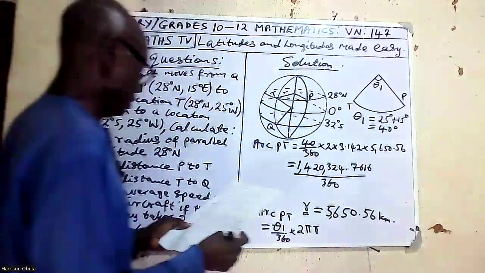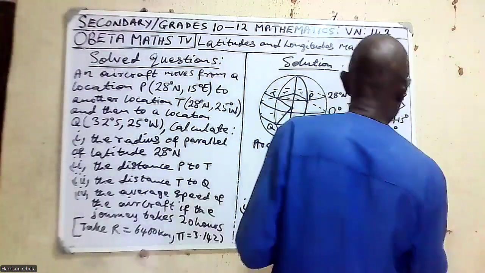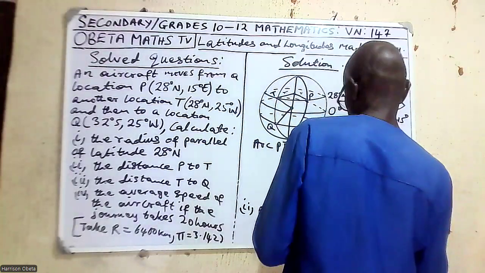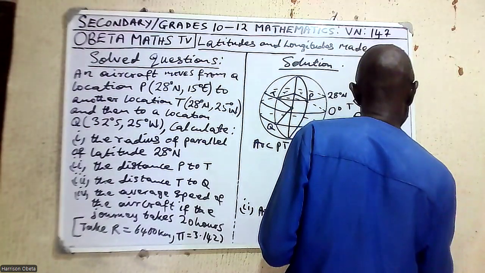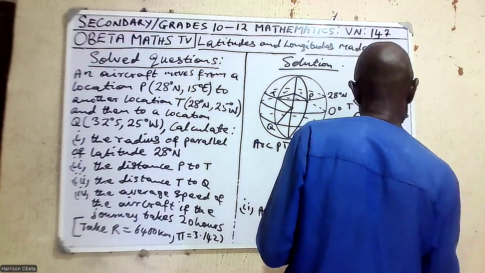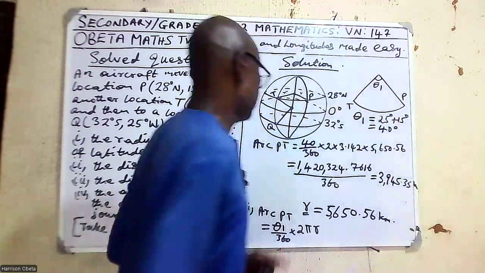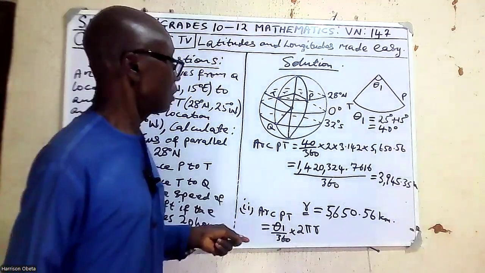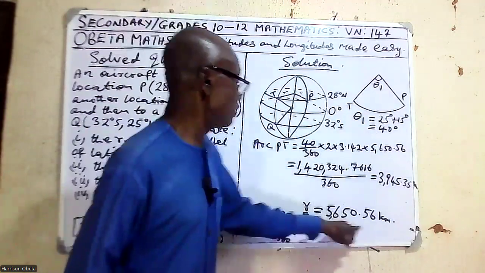When we divide, we are going to get 3945.35 kilometers. Take note that we have already calculated r, which is this.